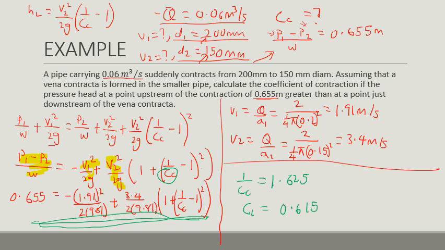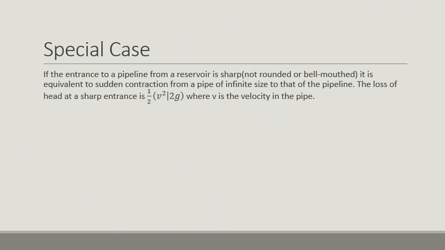In the case of sudden contraction, there is a special case. If the entrance to the pipeline from a reservoir is sharp, not rounded or bell-mouthed, it is equivalent to a sudden contraction from a pipe of infinite size to that of the pipeline, and the loss of head at that sharp entrance, HL, is equal to 1 over 2 v square over 2g, where v is the velocity in the pipe.